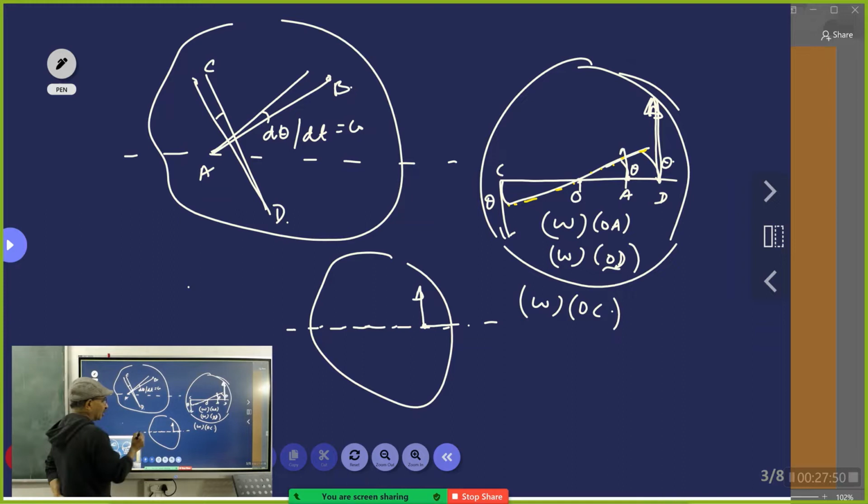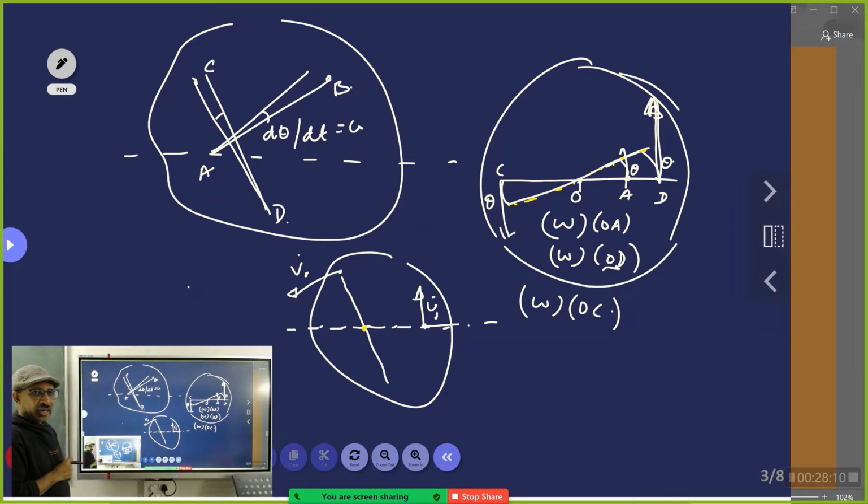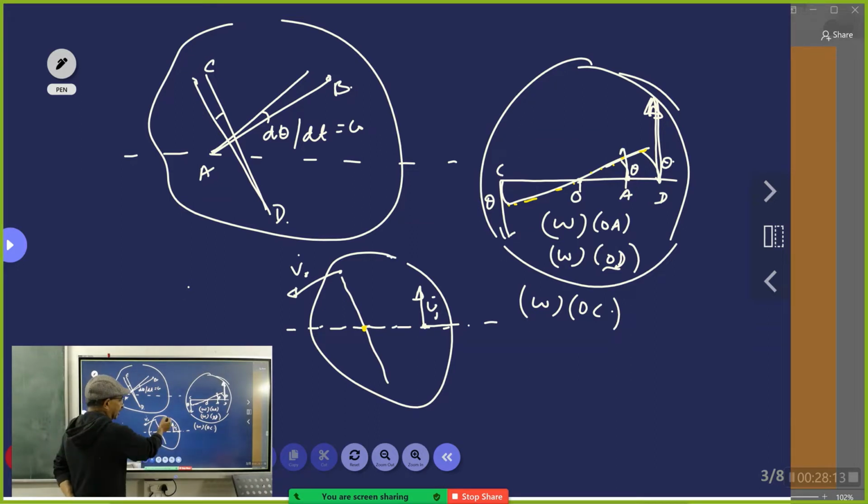Now supposing I give you one more particle. This has some velocity, this has another velocity, say this is v1 bar and this is v2 bar. You just drop a line perpendicular to each. Where those intersect, that becomes the center of rotation. If this is a cross section of a body, the axis passes through this center of the circle.